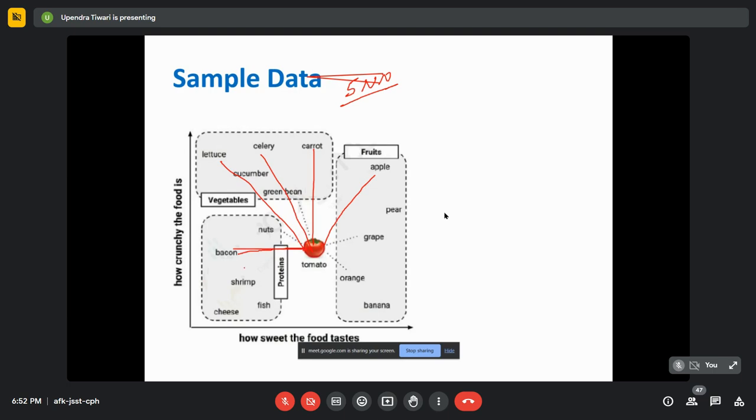Out of these 5, 3 belong to the vegetable class, 1 belongs to the protein class, and 1 belongs to the fruits class. So the tomato will be classified as vegetable.